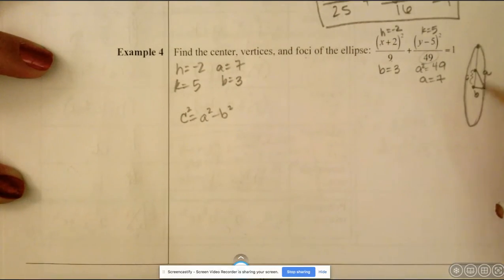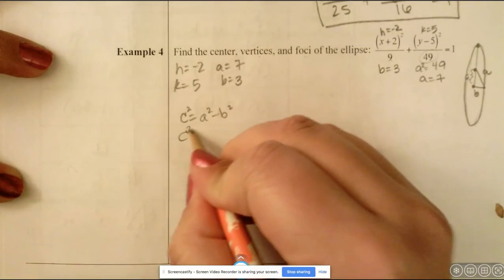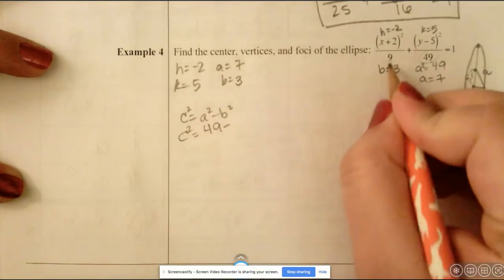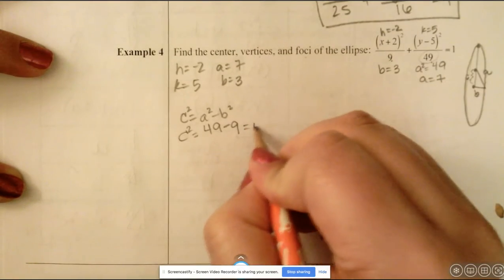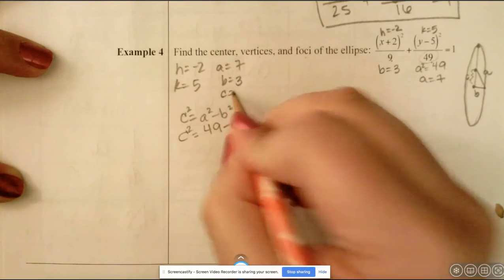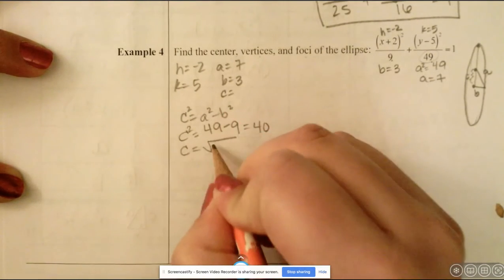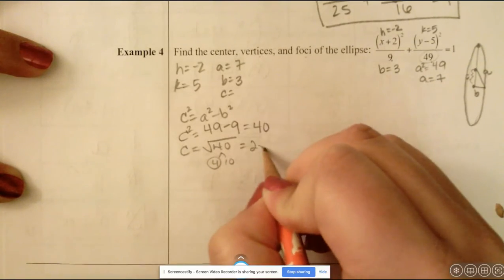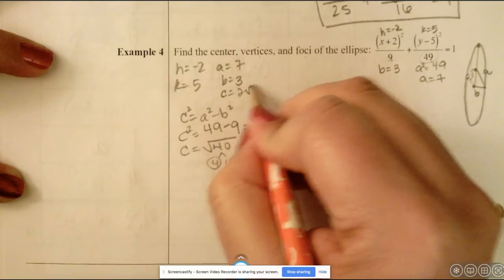My bigger one minus my smaller one is my unknown one squared. So C squared equals, A squared is 49, minus B squared is 9. So then C equals, well, let's simplify, the square root of 40, which is 4 times 10. 4 is a perfect square. So that's 2 root 10.